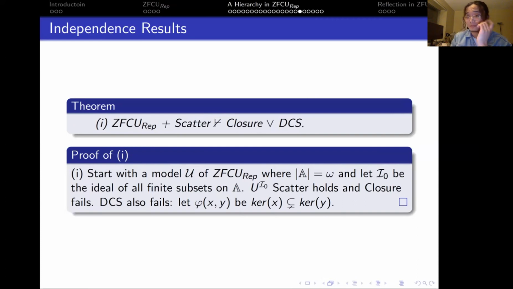Then closure will fail because every finite number n is realized, but omega is not. DCS also fails because for every x there's y with a bigger kernel, but you cannot have an infinite descending chain. Otherwise, the chain itself will have an infinite kernel. But everything has a finite kernel in this model. So also in this model, collection fails.